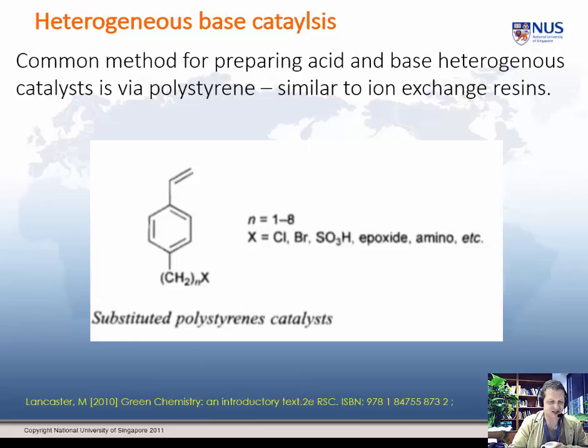So effectively, one way of doing it is to put specific amounts and fractions of various functional groups, as you can see here, and then these can be reacted to give particular catalytic properties, both acid and base catalysts actually.